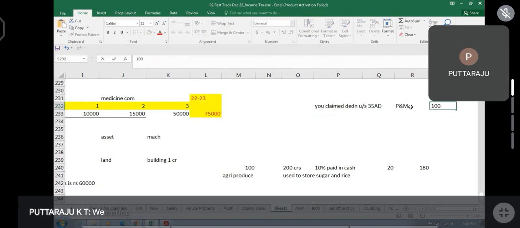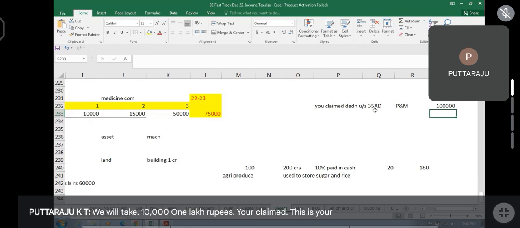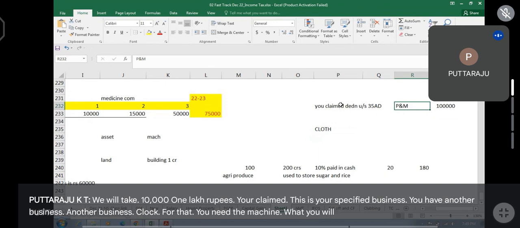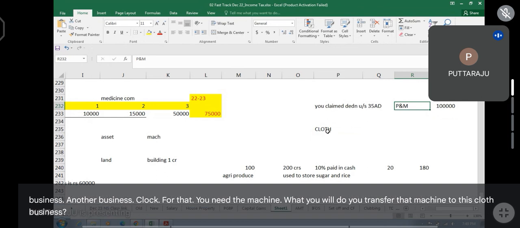I will take 1 lakh rupees. You have claimed this in your specified business. You have another business, cloth, and for that you need the machine. What you will do is transfer that machine to this cloth business.